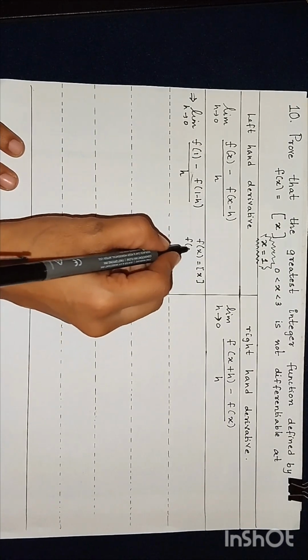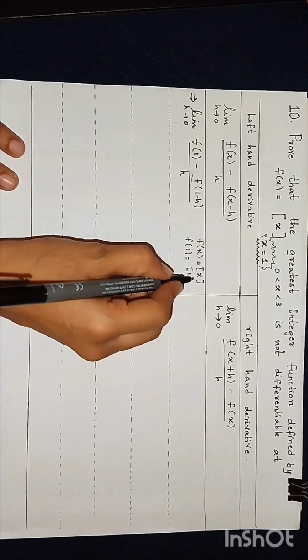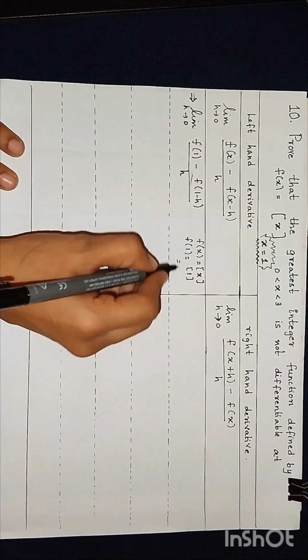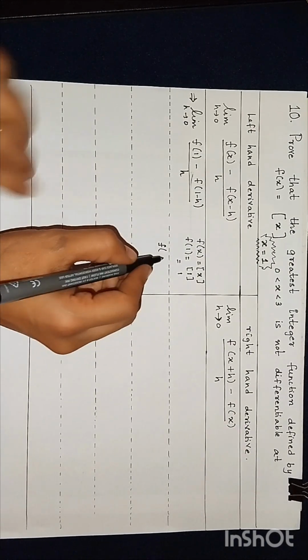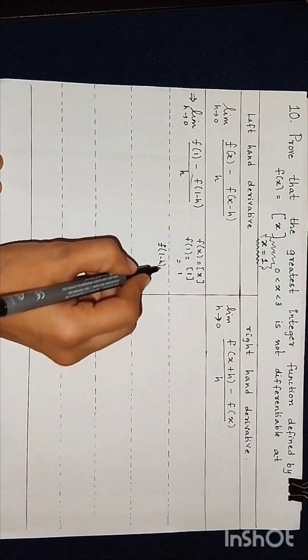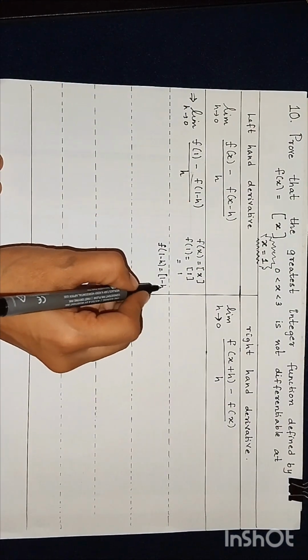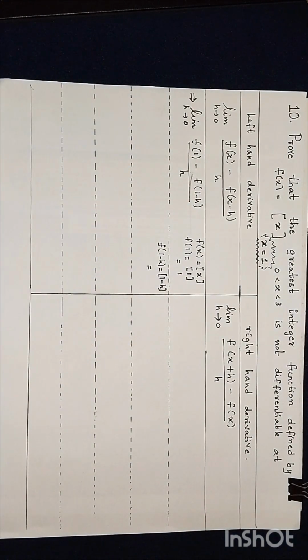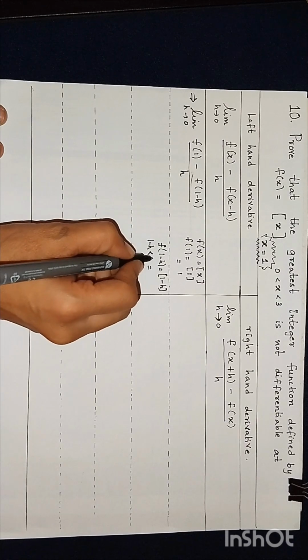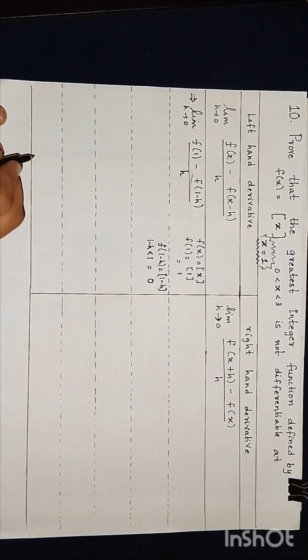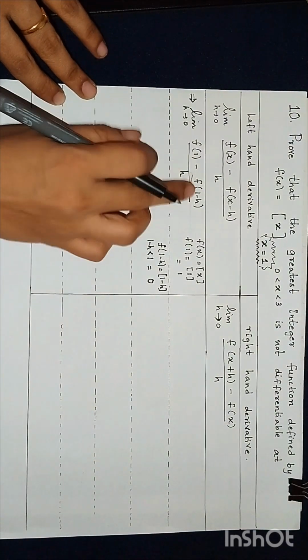If you give input 1, what is the output? This is an integer, so you will get the output as 1. Now f of 1 minus h: 1 minus h is lesser than 1, so the output will be 0. So we'll substitute here.